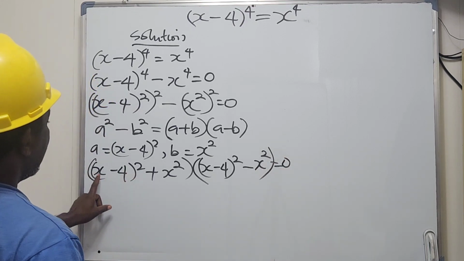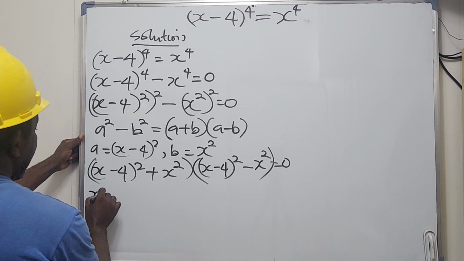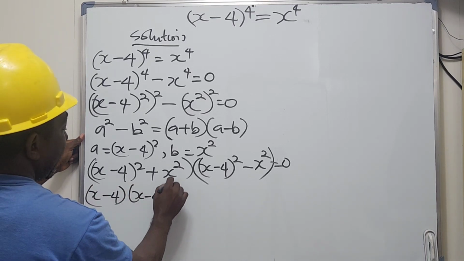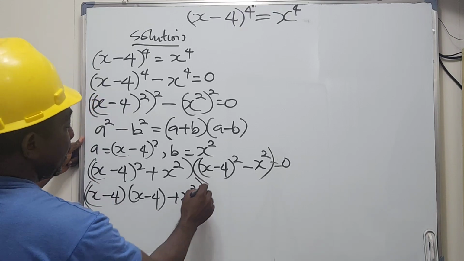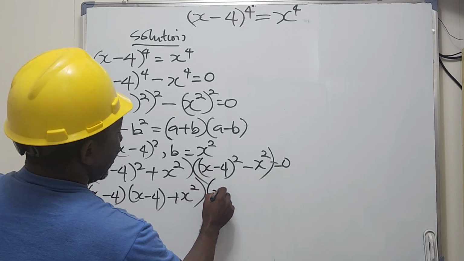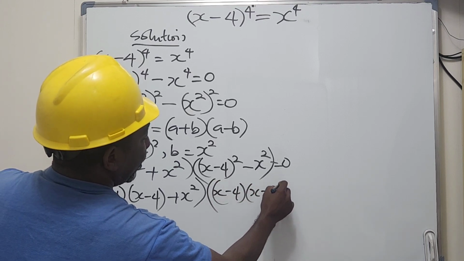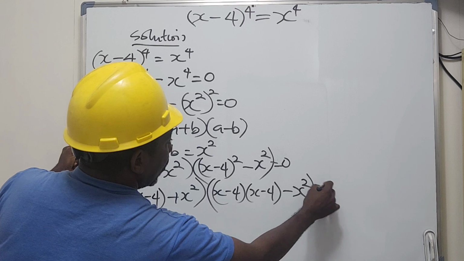So in this case, (x − 4)^2 equals (x − 4)(x − 4), plus x^2. That is for the first parenthesis. Then the second parenthesis, we have (x − 4)(x − 4) minus x^2, all equals to 0.